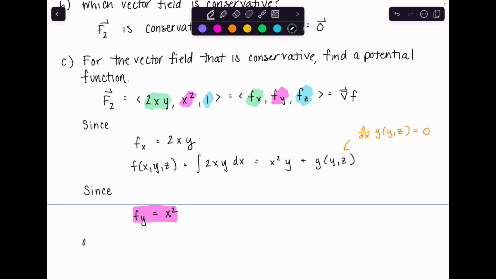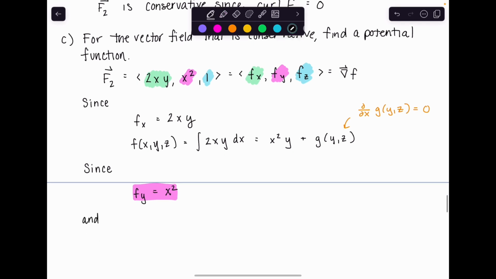My most general function right now is x squared y plus g of y, z. And I need to figure out what this is.